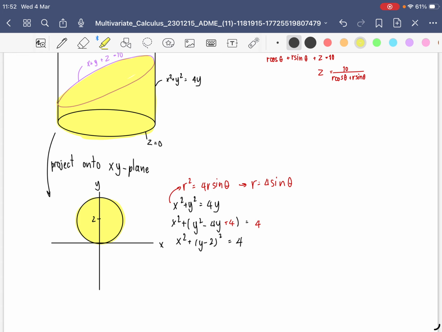So your r will start from the origin to the end of the circle, to 4 sine theta, and your theta will start from 0 to pi because the angle sweeps through from 0 to pi.